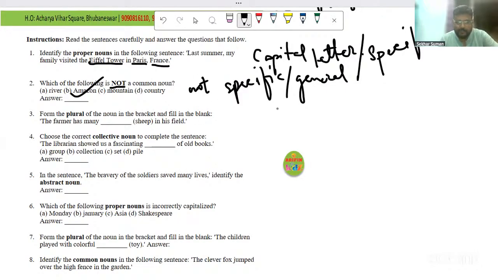Some of you have written the answer number 3 as sheeps, which will be absolutely wrong. There are certain exceptions, and there are certain words that do not take S to make it a plural. So sheep will remain sheep as it is. Sheep is going to remain as sheep. So we won't be adding any S to make it a plural.